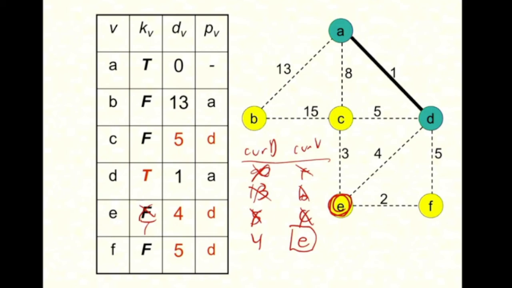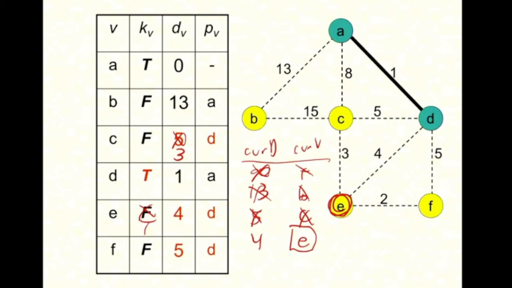Now, step 3 says update the false ones. Well, A is true, can't update it. B is false, 13. What's the distance from E to B? No edge exists, must be infinity. Infinity is not an improvement over the 13 we have, we ignore it. All right, C is false at a distance of 5. E to C is 3, that's better than 5. So let's update the table.